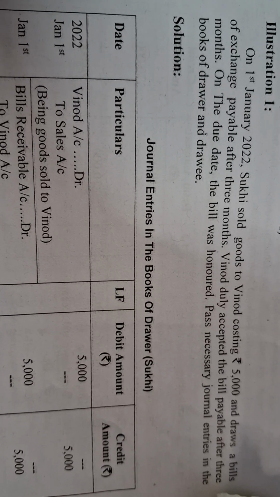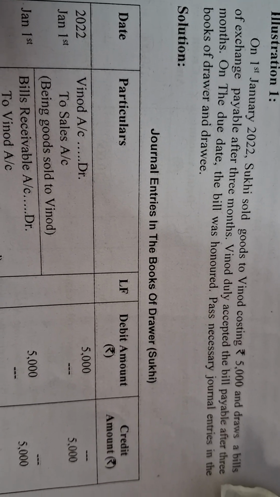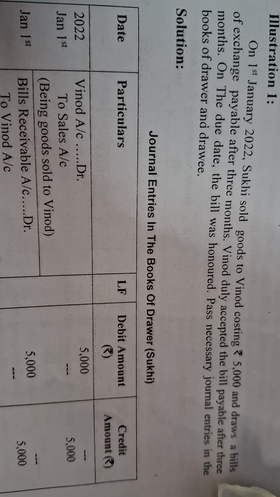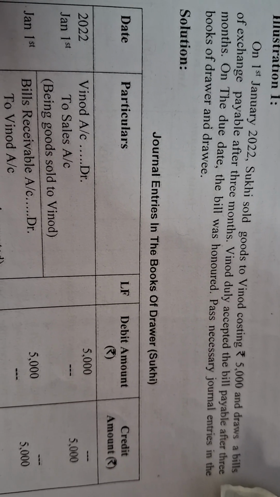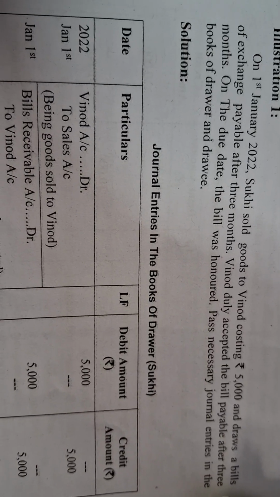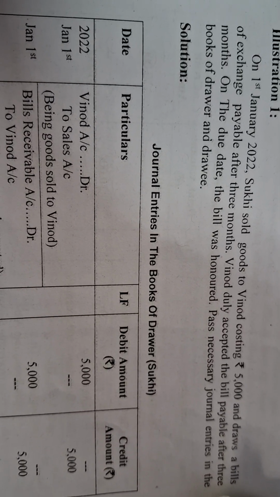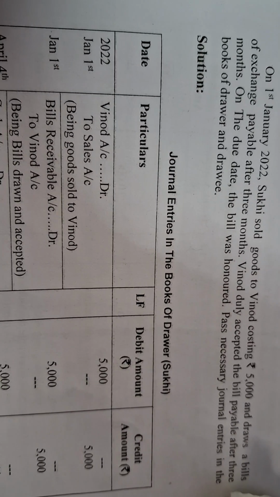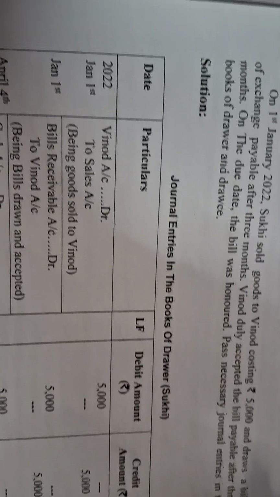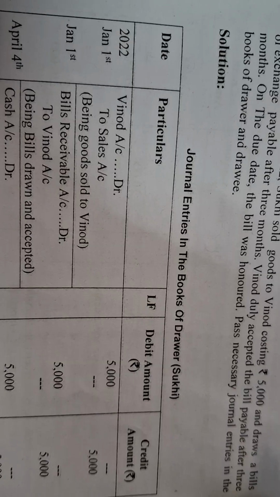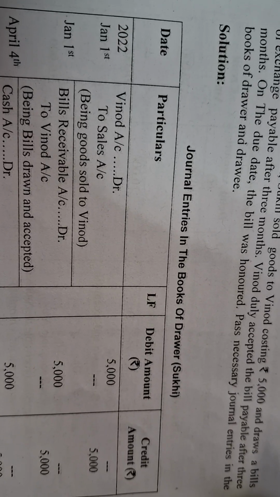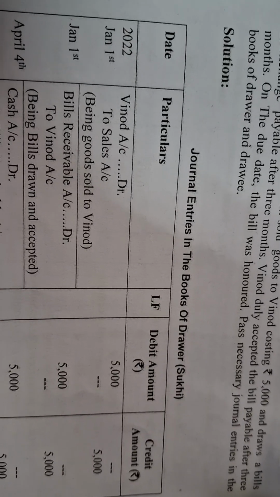Now, Vinod duly accepted the bill payable after 3 months. Accepted means there was a bill drawn by the drawer and the drawee has accepted. Then comes our pro forma journal entry which we have discussed just now. So bills receivable account debit to Vinod account. Who is Vinod?